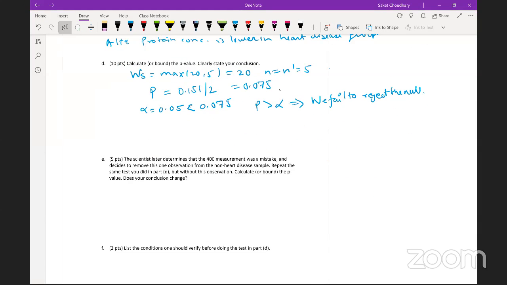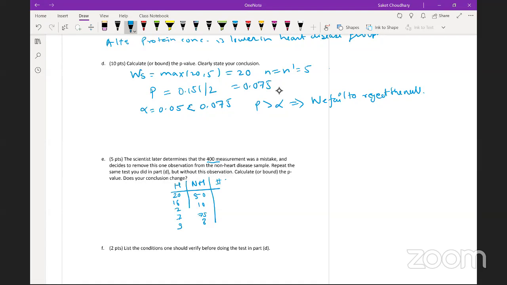In the second part, we are still going to do the same problem, but now we have removed this particular observation, the 400, the value which was kind of an outlier. Okay, so the new data that you have is H, and in H, we have 20, we have 16, 2, 7, and 9, we have 50, 10, 75, and 8.